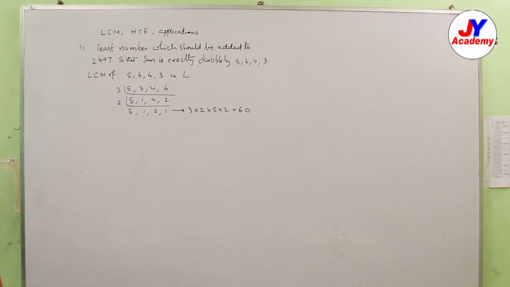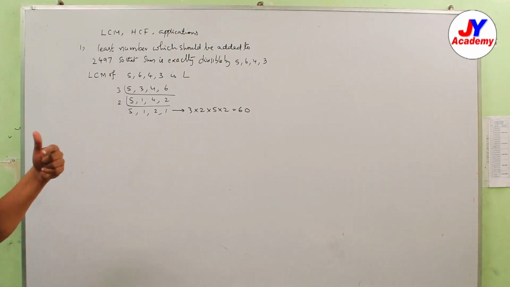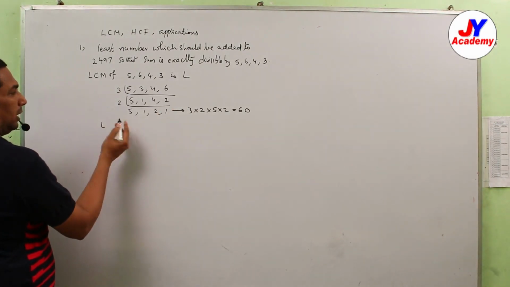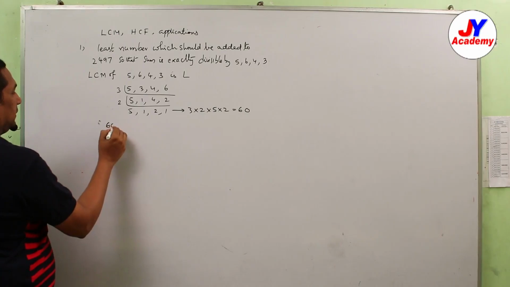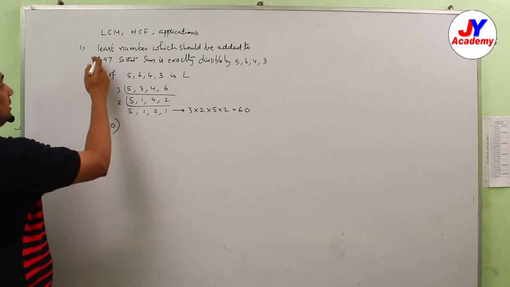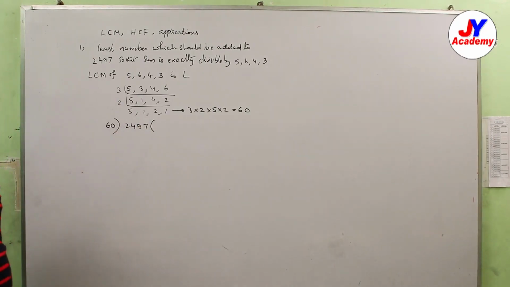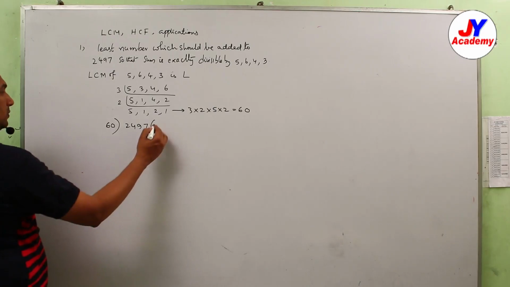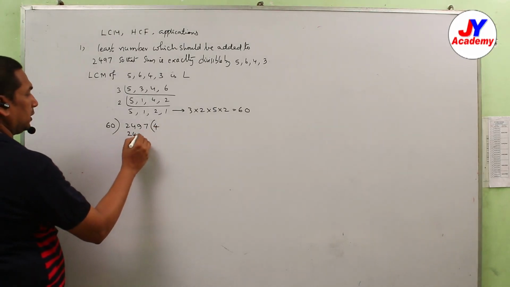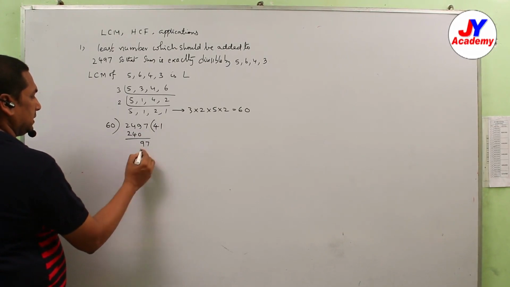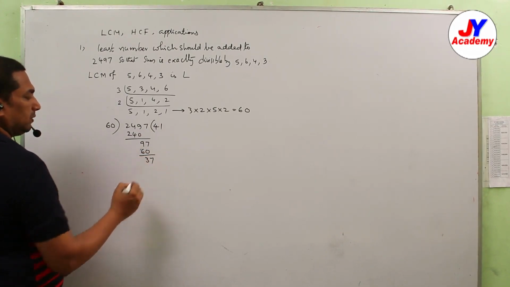As we discussed yesterday, that type of method, this number L is 60. So the given number is 2497 divided by 60. 4 times 60 is 240, and 97 minus 60 gives 37 as the remainder.